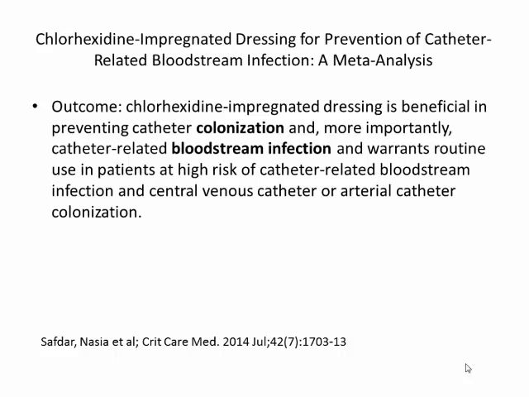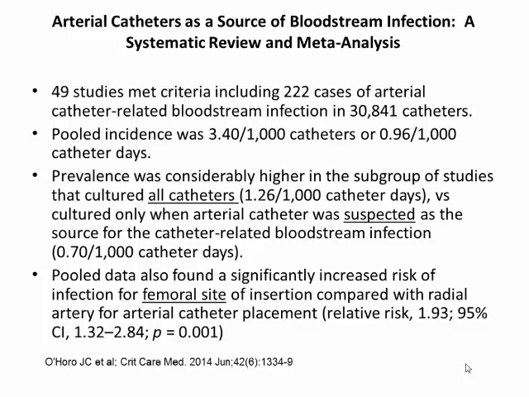So this was another study. This is only for arterial catheters. Again, a meta-analysis. So 49 studies met criteria. Pooled incidence was 3.4 per 1,000 catheters, or 0.96 per 1,000 catheter days.